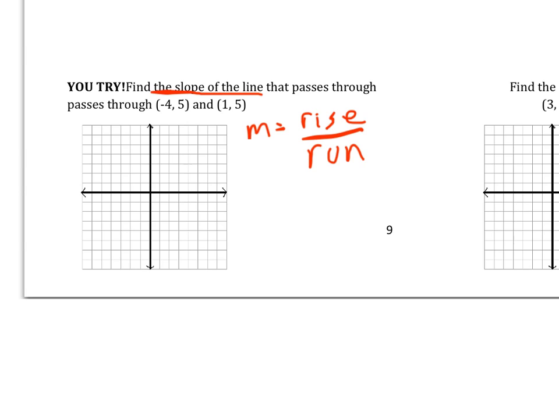Okay. I'm going to give you a hint if you didn't notice it already. They have the same what? These have the same y values in the ordered pairs. What do we know when the y value is the same? We know that no matter what x it is, in this case the y value is 5, right?